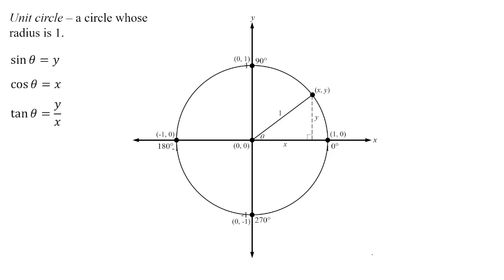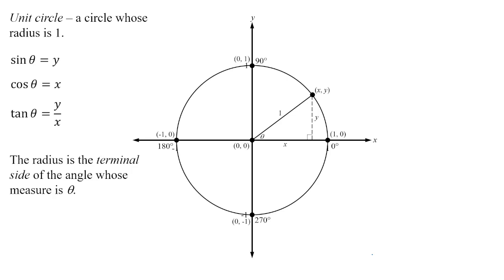So from the right triangle that was drawn, sine of theta, and theta is that funny looking 0 inside the angle, it's actually a lowercase Greek letter. But sine of theta is y, cosine of theta is x, and the tangent of theta is y over x. And the radius of that circle is called the terminal side of theta.